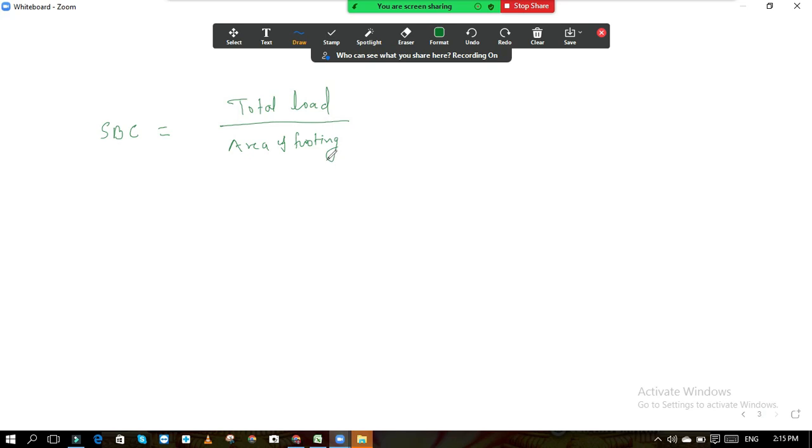Okay, so now just reshuffle the terms. If I transfer the area of footing to the left hand side, it is equal to total load upon SBC. So this will give you the area of the footing. Total load 1650. What is the SBC? This is 225.